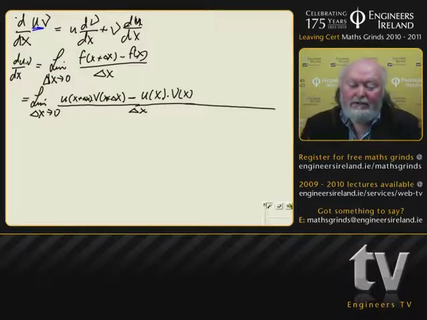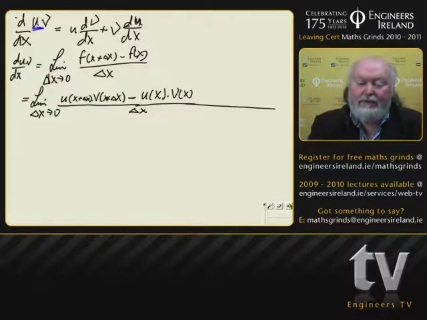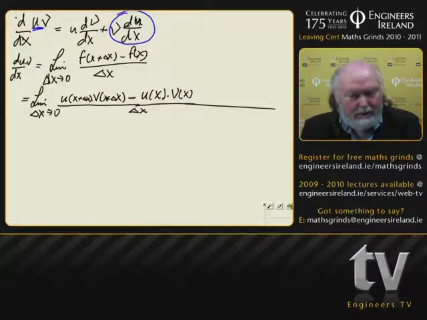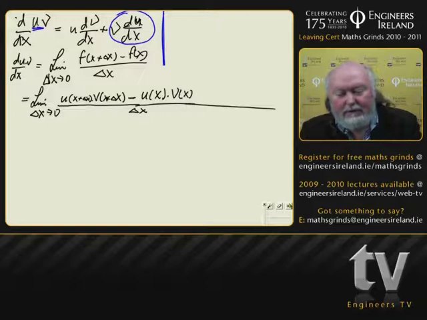Well, the trick is to focus on the second one, and we'll say to ourselves, okay, and I'll write it over here because it's up beside it, that's going to be the v of x by the d dx of u, and I know what the d dx of u is.